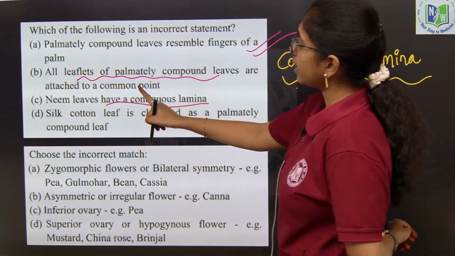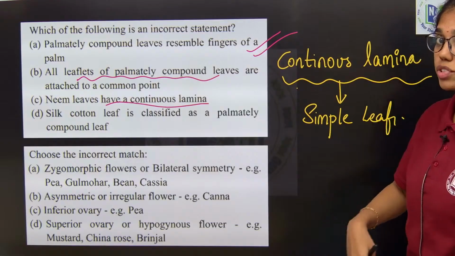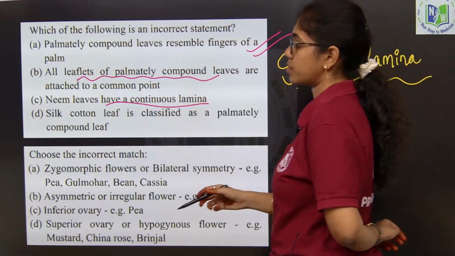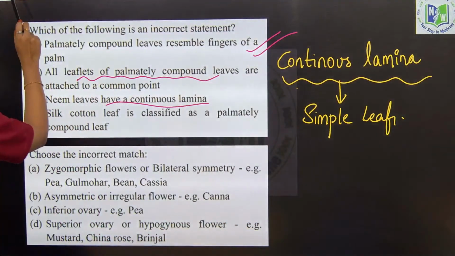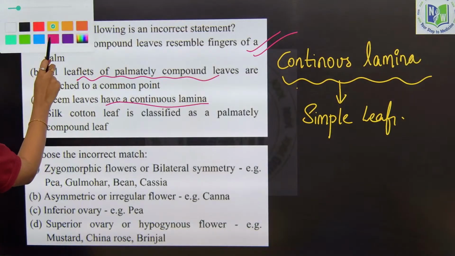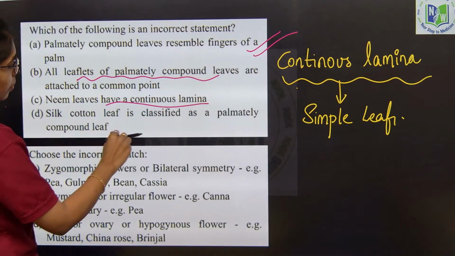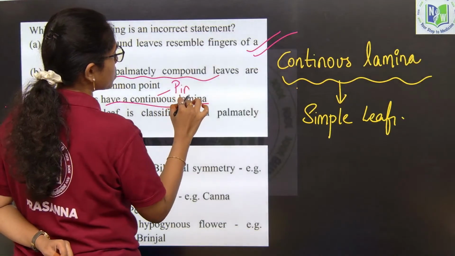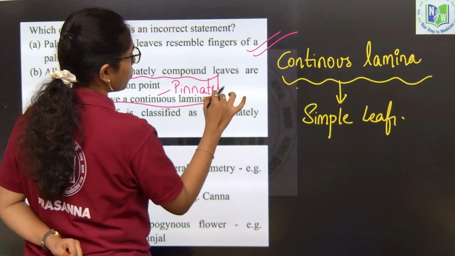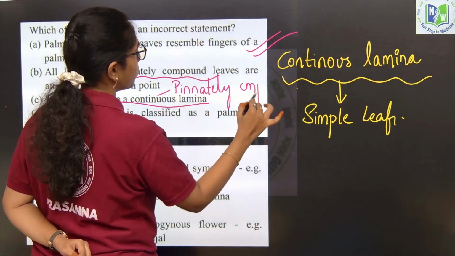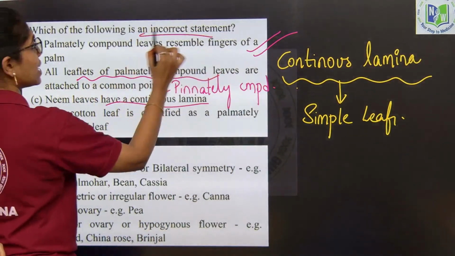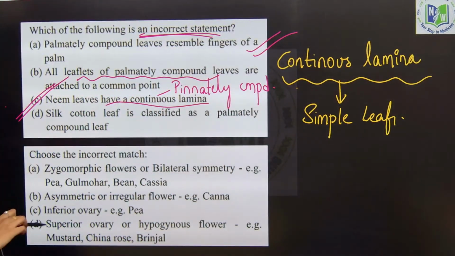Whereas here neem leaves are not simple leaves, these are pinnately compound leaves. Very good Tanveer, option C is the right answer. So here these are what? Pinnately compound leaves. So as he asked for the incorrect statement, the right answer is option C.